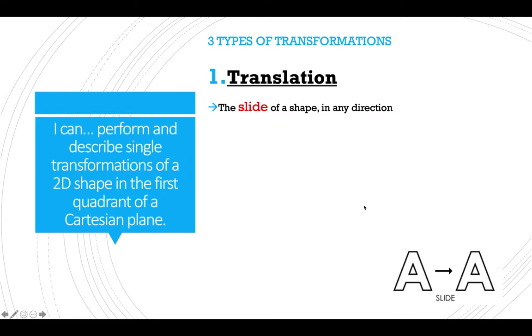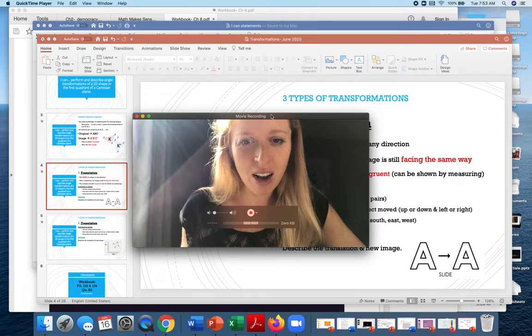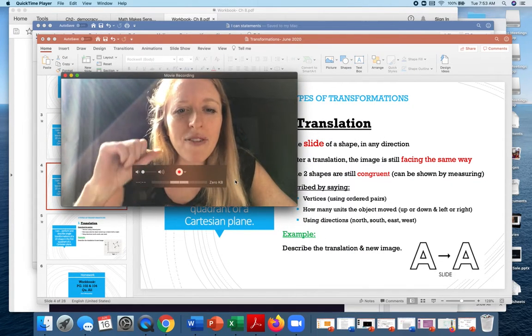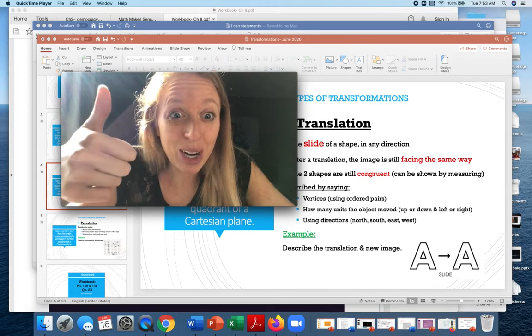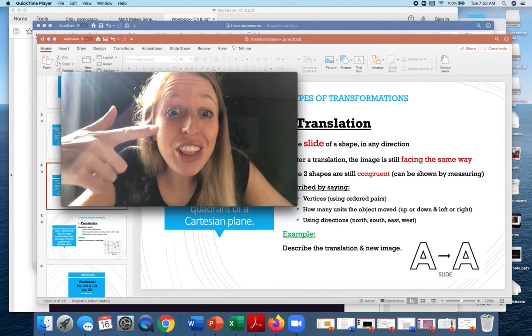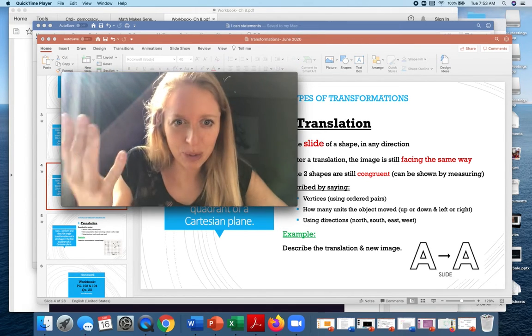I'll give you a quick little preview of the other ones we're going to be doing. If we were in class, I'd be asking, who knows the other types of transformations? Because you should have done this last year. So we have translation, and then we have a reflection, which would be like a flip, like a mirror image. We're doing that tomorrow.